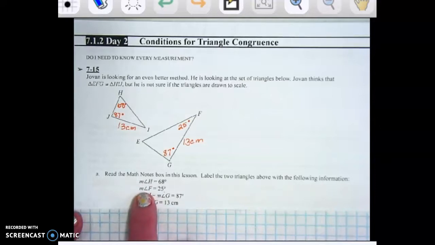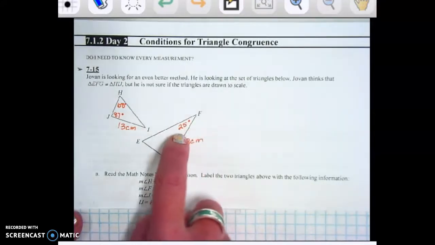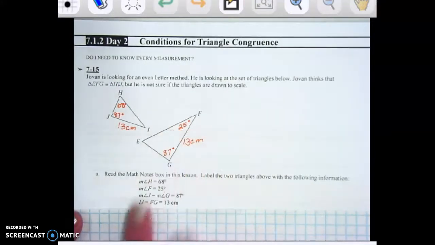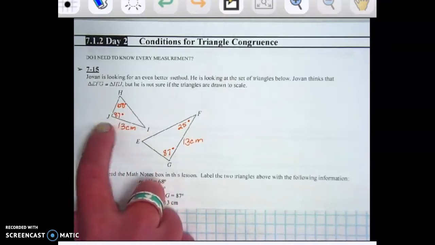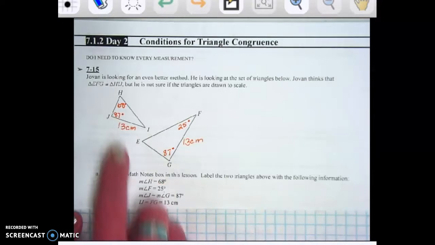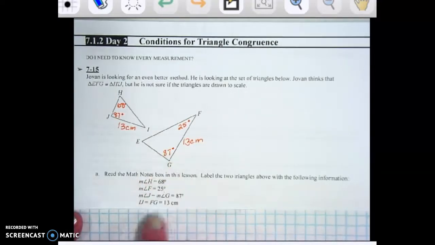The next piece of information is that angle F is 25 degrees, so find angle F and write in 25 degrees. Then it tells you that angle J and the measure of angle G are 87 degrees. So find J, which is right here, 87, and angle G right here, and label it 87.